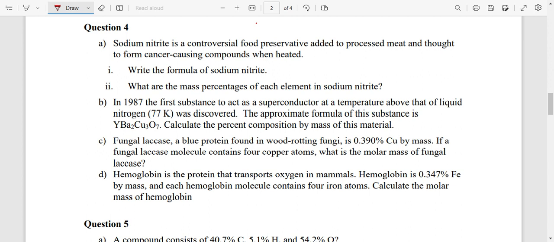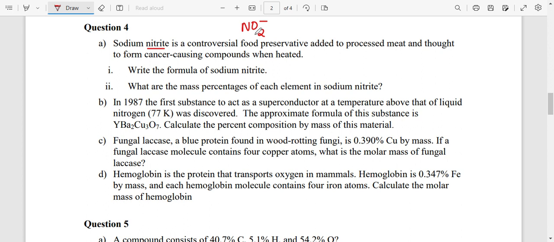Now we want to write the formula for sodium nitrite. First we need to know what the symbol for a nitrite is. A nitrite, where is it even? This one here is given as NO. It's actually a minus. It's NO2 with the minus.